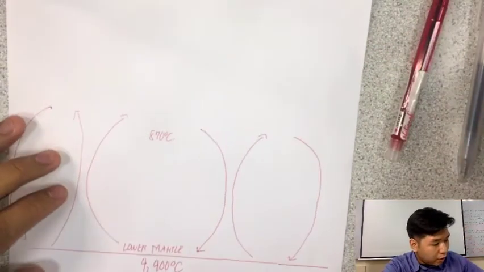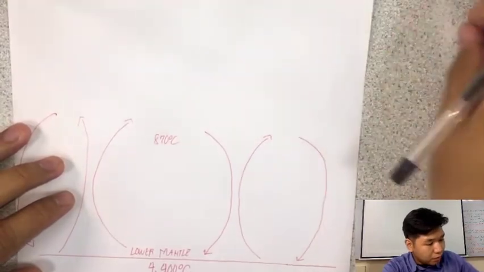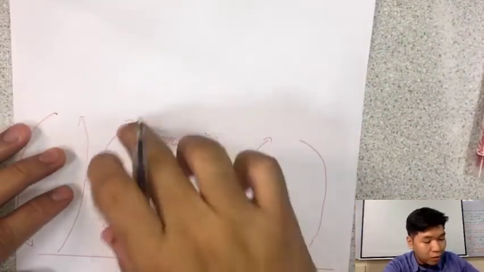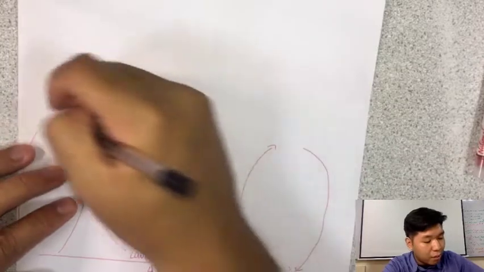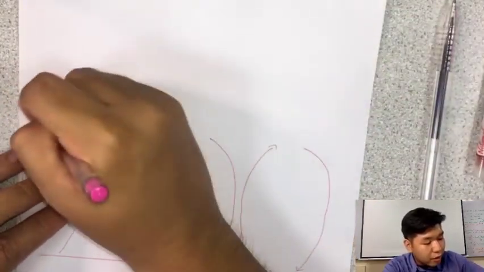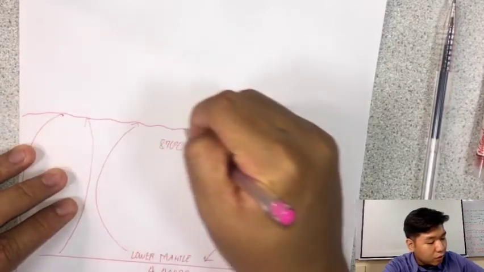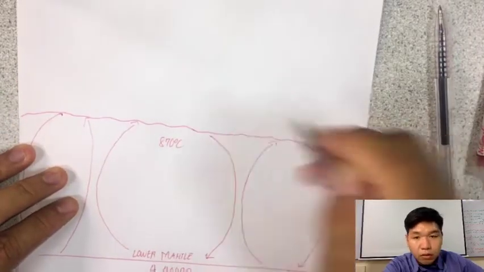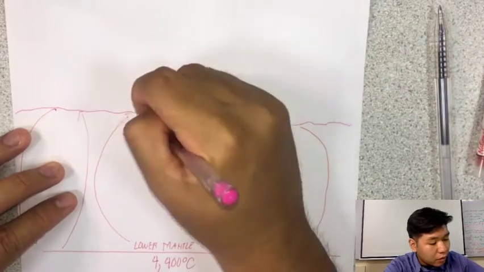Let's just move on from the mantle. On the top of the mantle there is a plasticky-like layer that is called the asthenosphere. So let's just name it the asthenosphere.